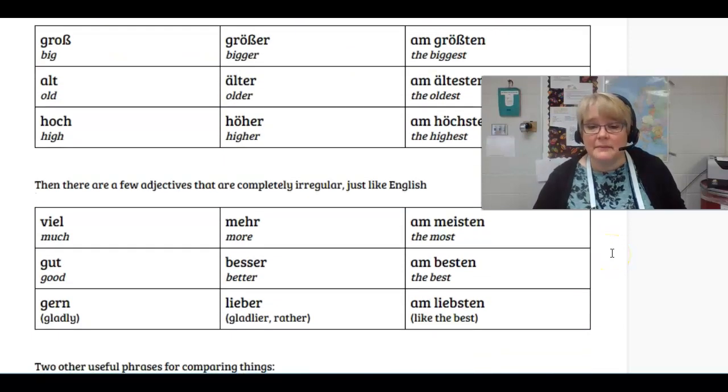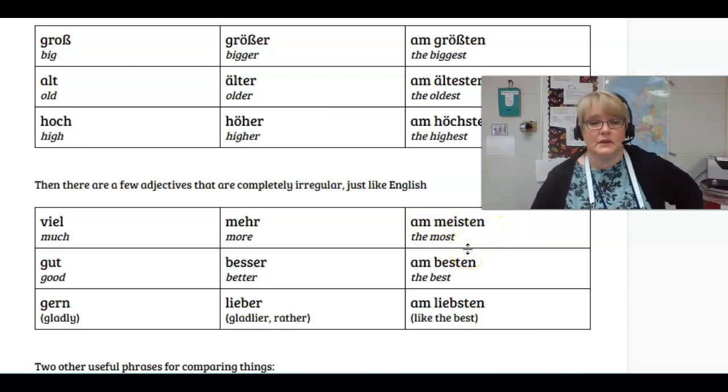Then there are some that are completely irregular, but they're also irregular in English, like viel, mehr, am meisten. Much, more, the most. You don't say much, much, or muchest. See, that sounds weird. So you can either memorize that these three go together, viel, mehr, am meisten, or you can memorize that viel is much, mehr is more, am meisten is the most.